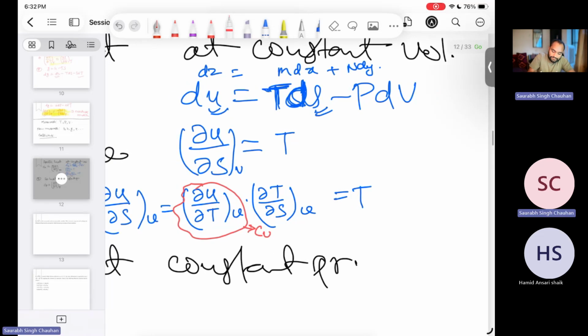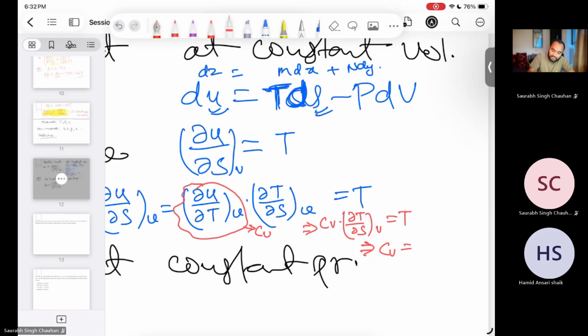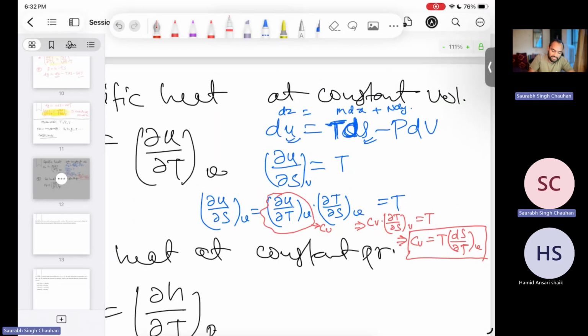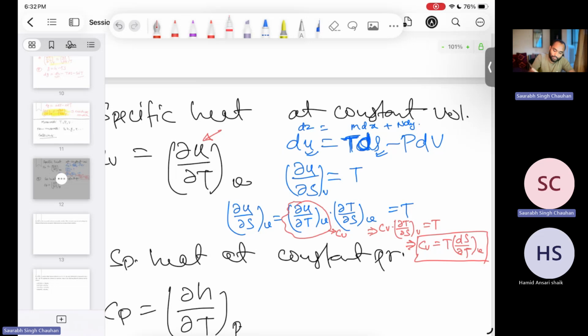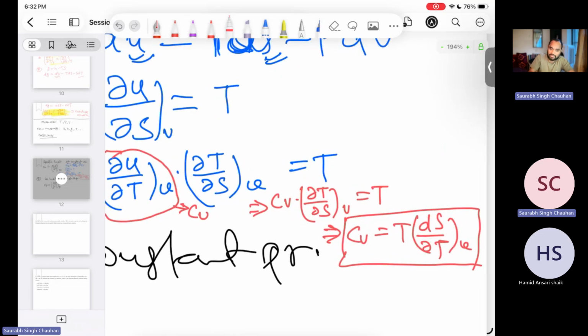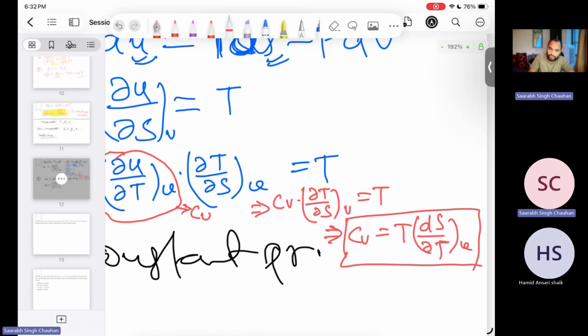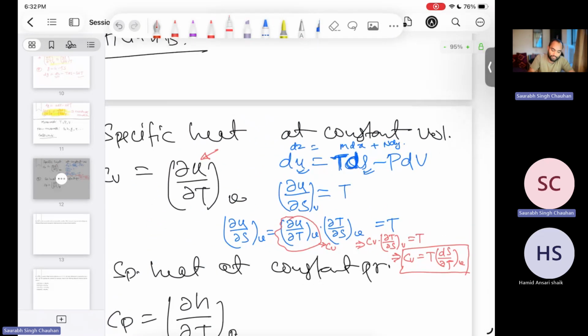So what we can write is CV times this del T by del S at constant V is equal to T. Or also you can write CV is equal to T times del S by del T at constant V. So initially it was U there, it was a potential. Now we have more fundamental quantities there. Although entropy is non-measurable, at least it is fundamental, not a potential.